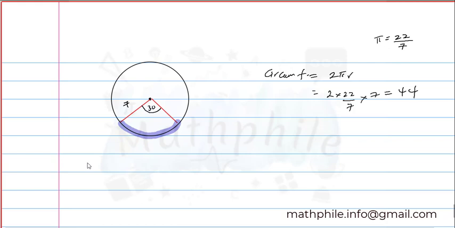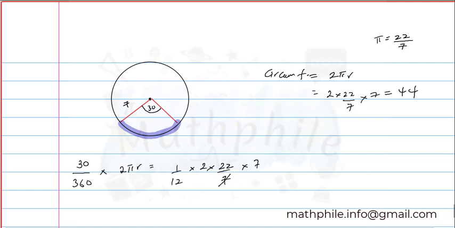Theta over 360 times the circumference. So 80 over 360, that is the theta, and the circumference of the circle, that is 2 pi r. In this case, this gives you 1 over 12, times 2 times 22 over 7 times 7.